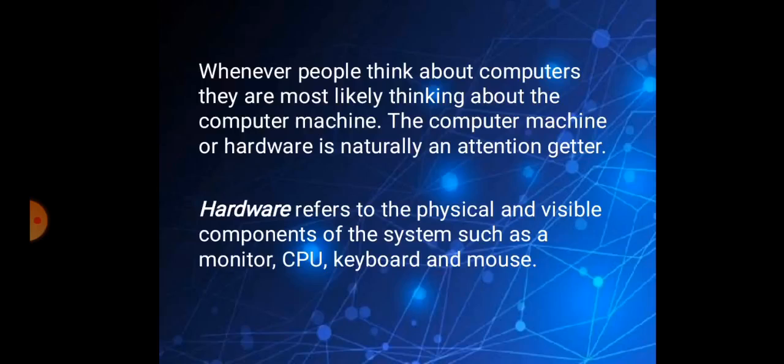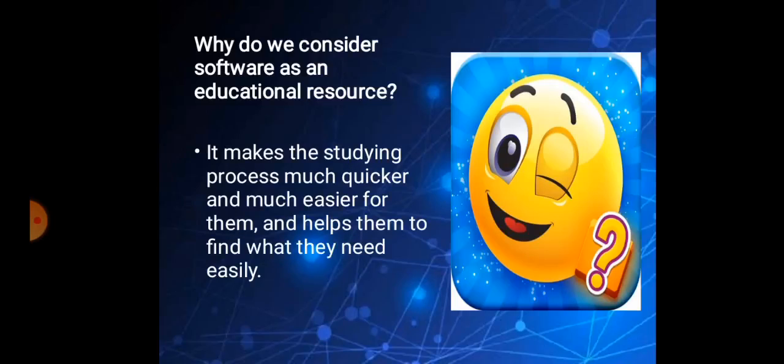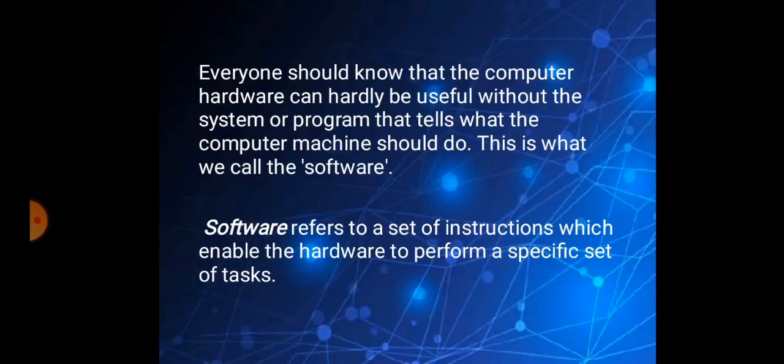So, hardware refers to the physical and visible components of the system such as monitor, CPU, keyboard, and mouse. It's more difficult to realize, however, that the computer hardware can hardly be useful without the system or program that tells what the computer machine should do.